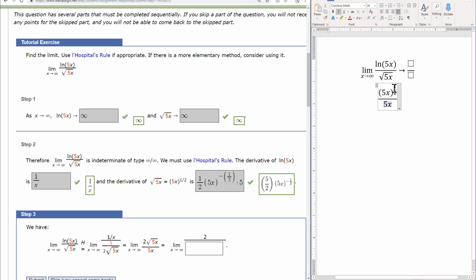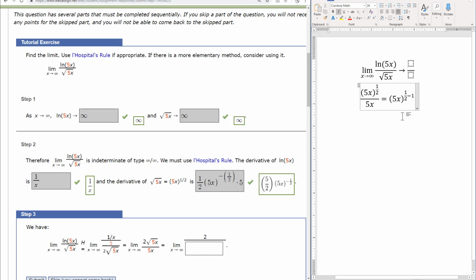And so if we follow the rules, we are essentially subtracting the powers. So this is equal to 5x raised to the 1/2 minus 1 power, and that's going to be a negative 1/2 again.